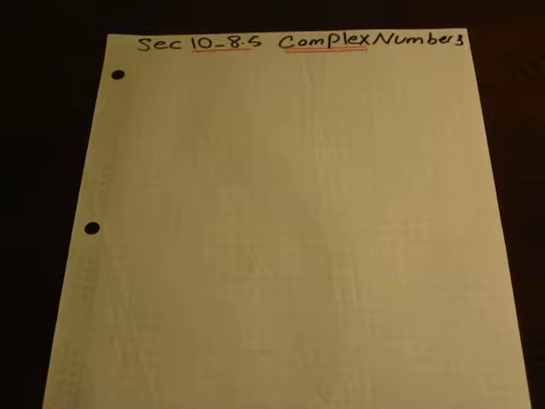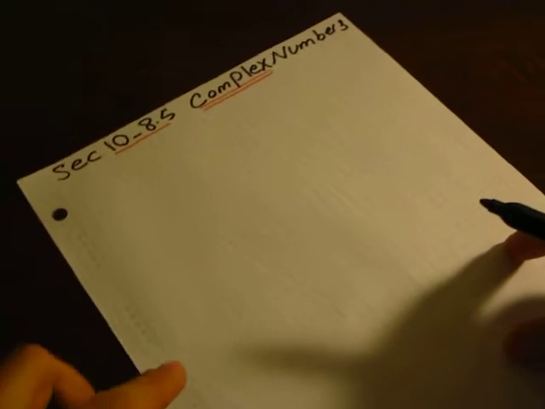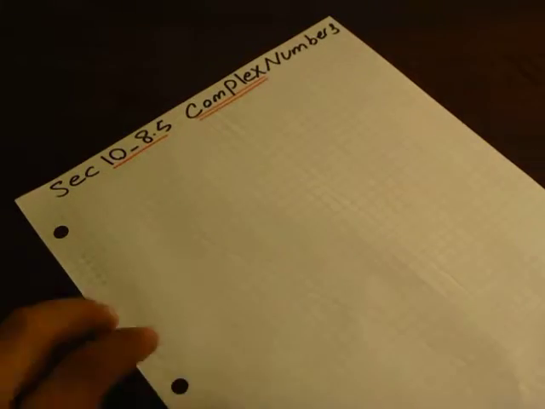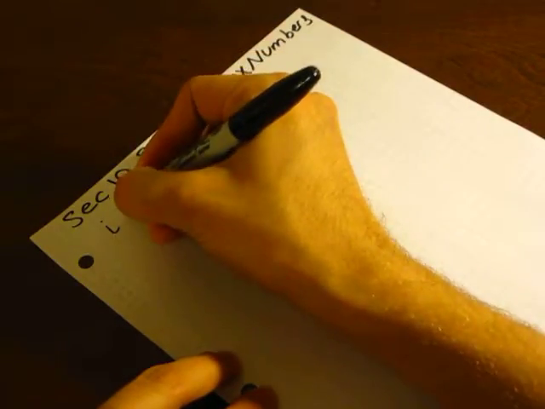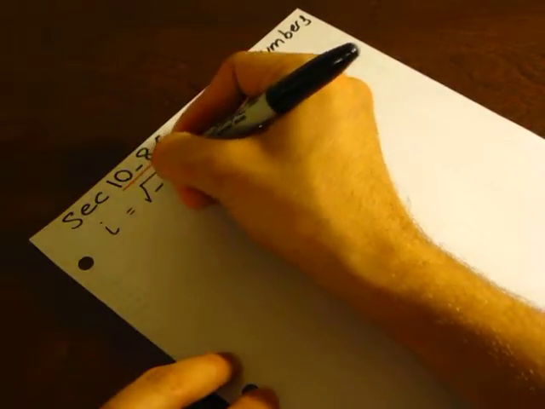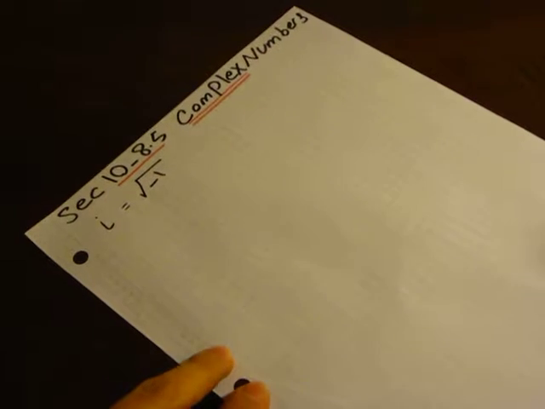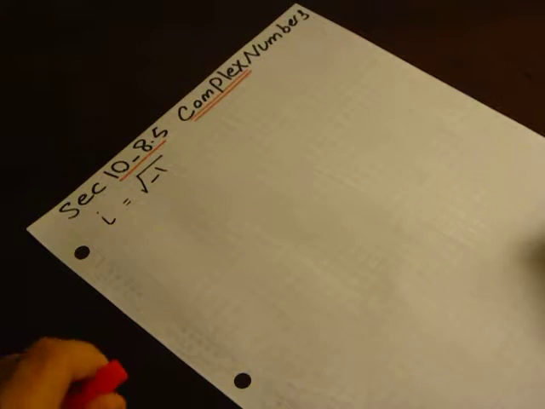So let's start with the main concept of complex numbers, which is i. It stands for imaginary numbers and is equal to the square root of -1.